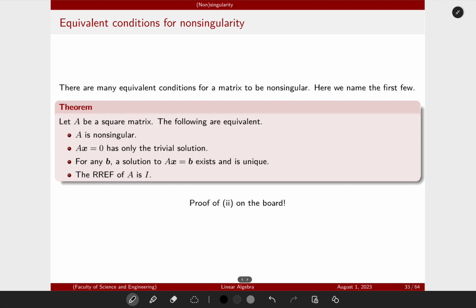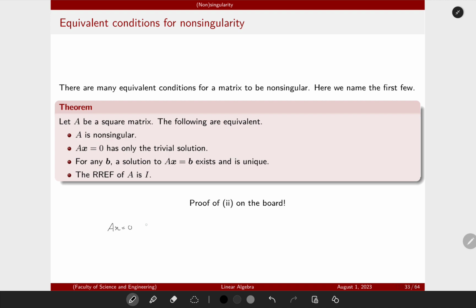I will not prove these properties, but let me prove property number 2, because I think the proof is nice. Suppose that we indeed have Ax is equal to 0. Since A is non-singular, that is our assumption, we want to show that A is non-singular implies this.